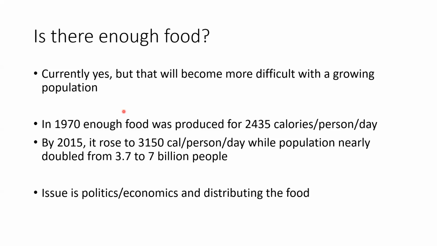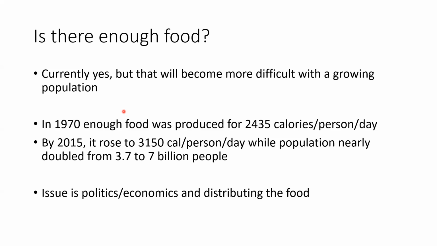So if we look at the two bullet points in the middle here, in the 1970s, it was estimated that enough food was produced for every person on the planet to get about 2,400 calories per day.